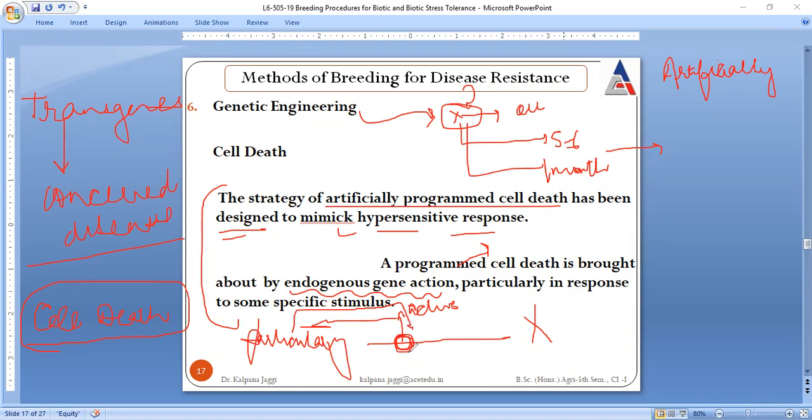And when it activates, it will release certain stimuli, and those stimuli will lead to the death of the cell. Along with the death of the cell, there is going to be the death of the microorganism that is present in the host, right? So this is a very important concept of genetic engineering.